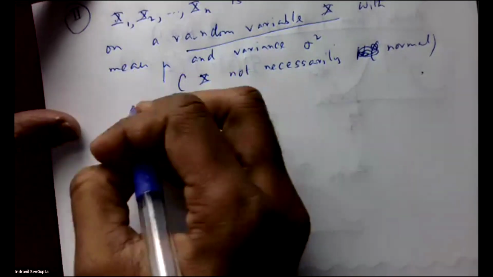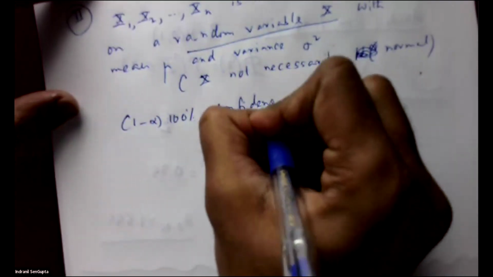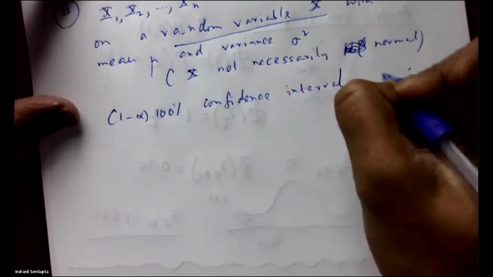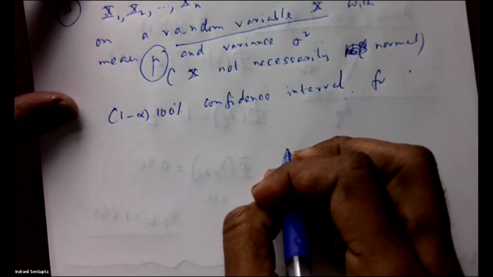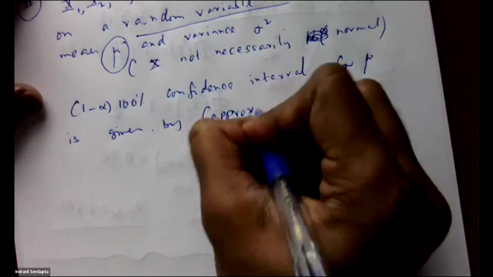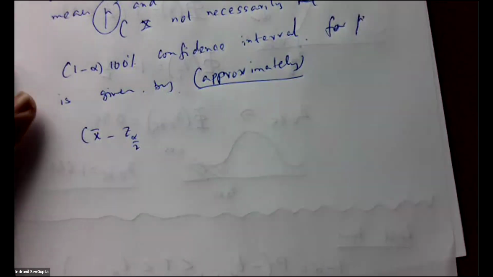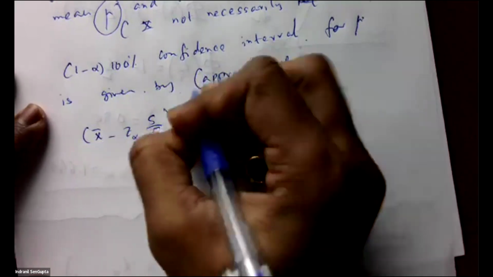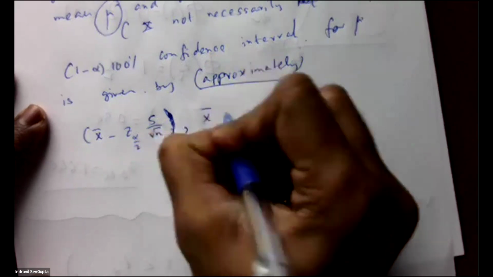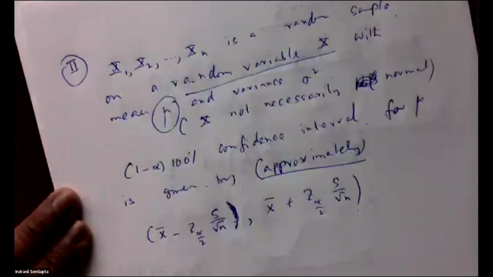In that case, we found that the 1 minus alpha 100% confidence interval for mu is given by approximately, so this is always an approximation: x bar minus z of alpha over 2, and this is the z that I showed you at the beginning of the class today, s over square root of n, to x bar plus z of alpha over 2, s over square root of n. Okay, this is my number 2.